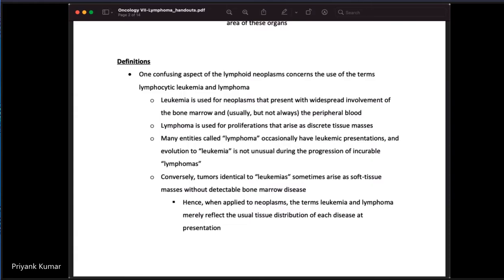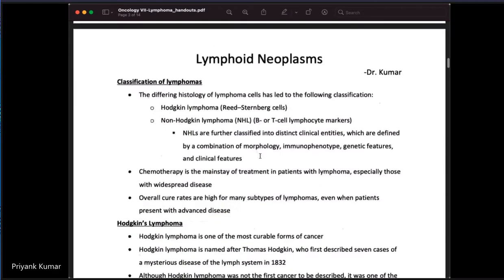Now, these lymphomas can be classified, right? There are many different classifications present, and on the basis of those, the lymphomas can be classified differently. But we will stick to the WHO classification, right? Broadly, lymphoma is classified into two categories.